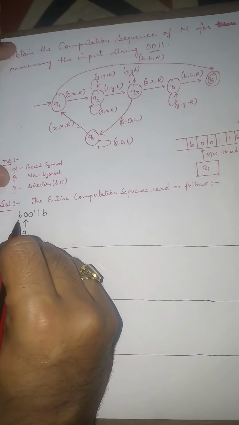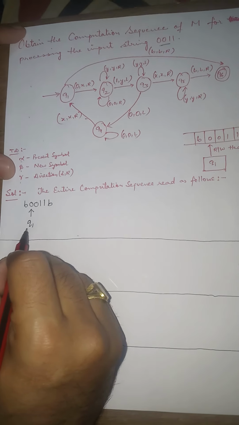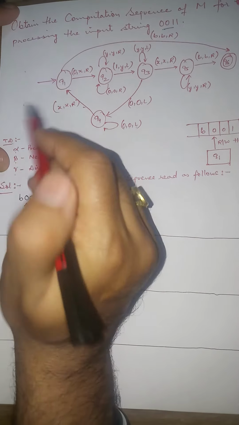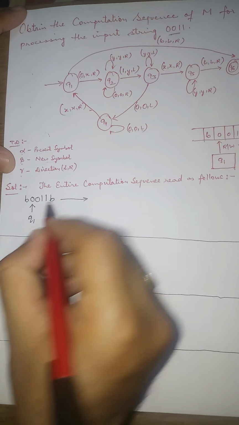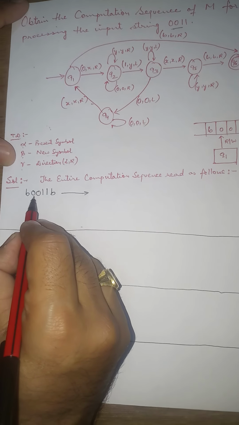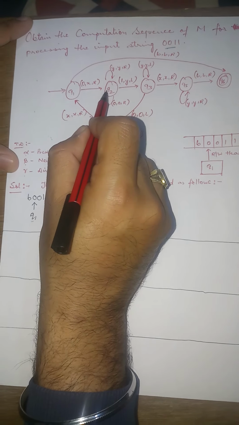So you add b before the string and b after the string, and you start with the initial state, which here is q1, right? Next you need to check, on the processing of 0, where q1 goes. q1 on the processing of 0 goes to q2.